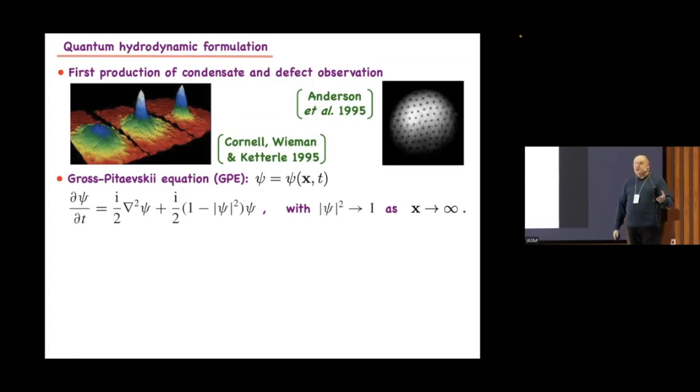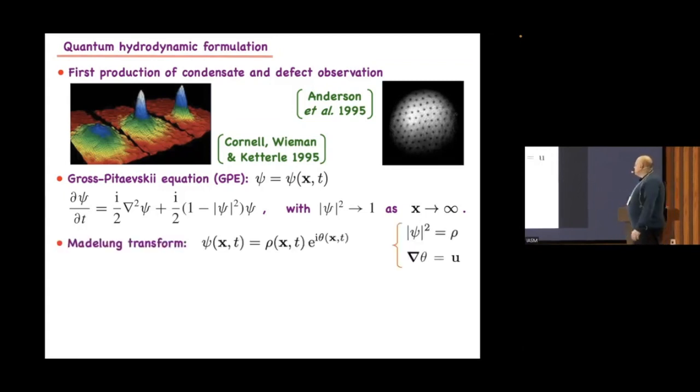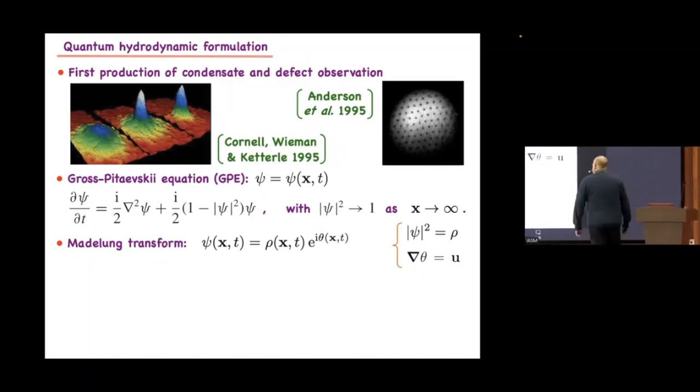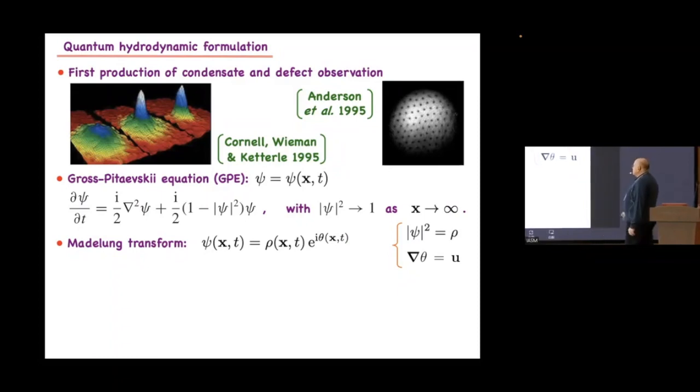And the predictive theory is based on a transformation that is given here. Madelung, in 1926 and 27, proposed this combination of a kind of average density of this gas, rho, and then this theta that represents the phase of the wave function. Through these assumptions, rho is just the mod squared wave function. You have a velocity u as the gradient of the phase theta.